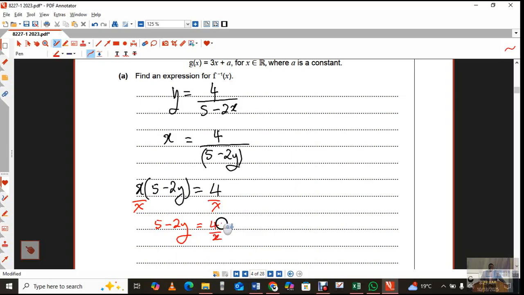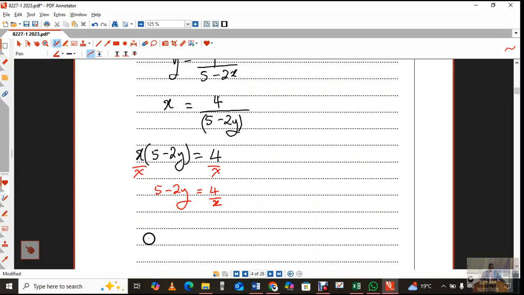I don't particularly like that negative 2y to be on that side, so I'm going to have 5 minus 4 over x is equal to positive 2y. And then whatever this whole answer is over here, I'm going to divide it by 2.